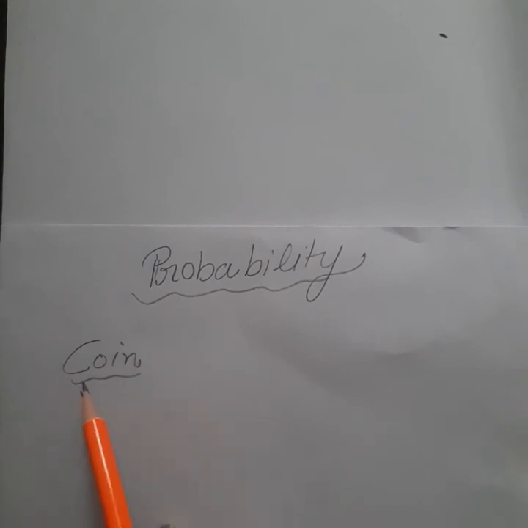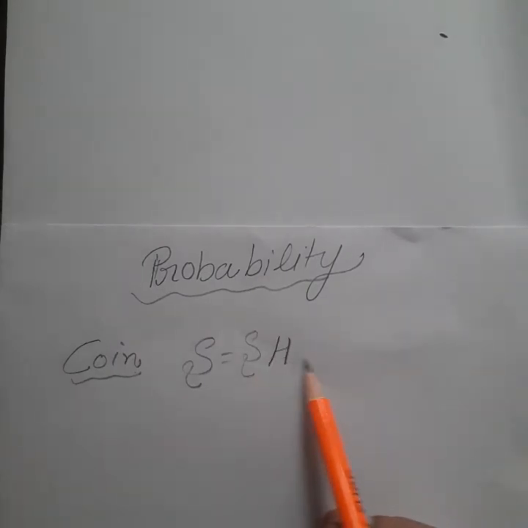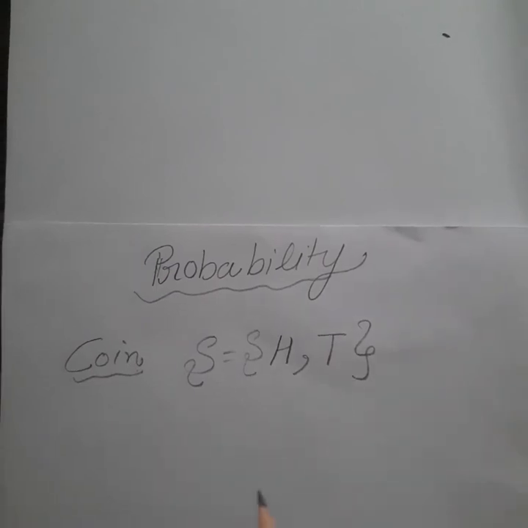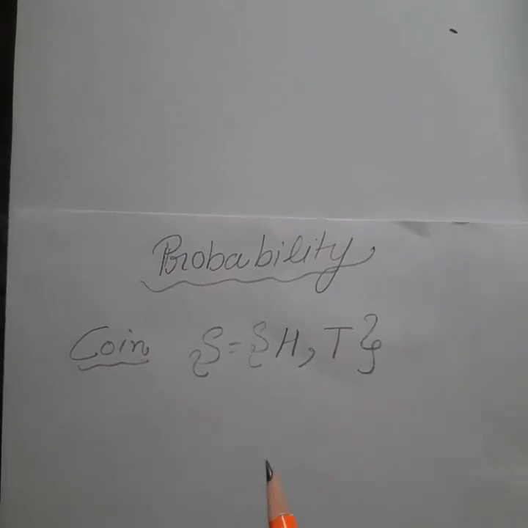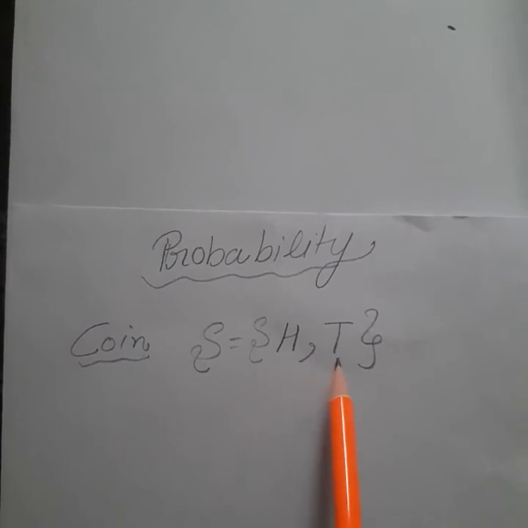Suppose students, you have a coin and you have to toss it, and you get a sample space, meaning you get two possibilities. One is head and the other one is tail. Suppose if we toss a coin, then we get the possibility of getting a head on the face of the coin, or otherwise we get tail.